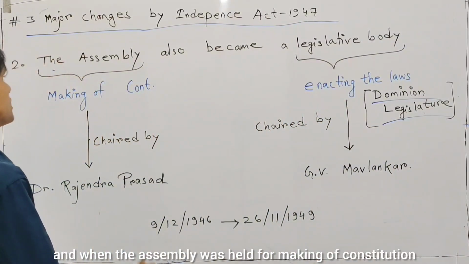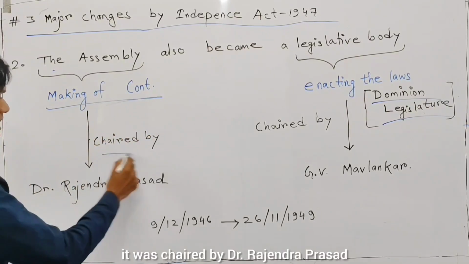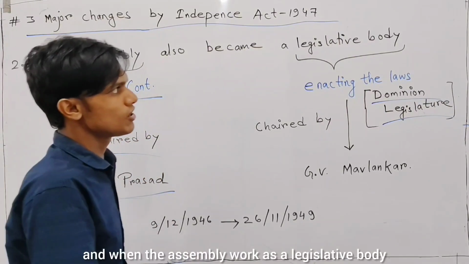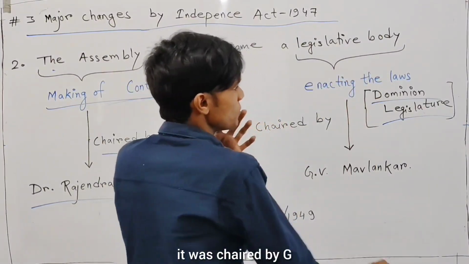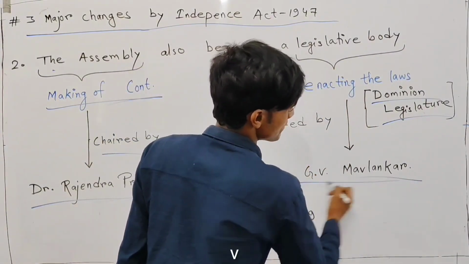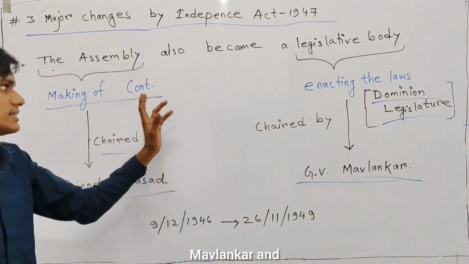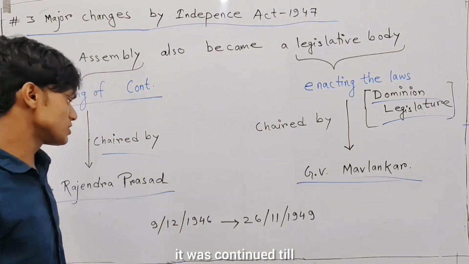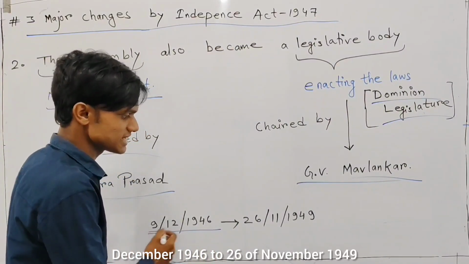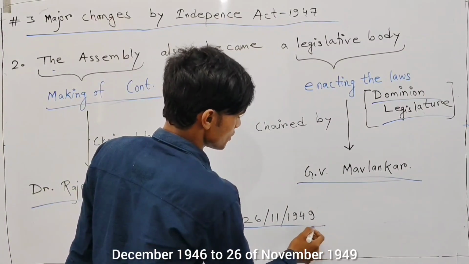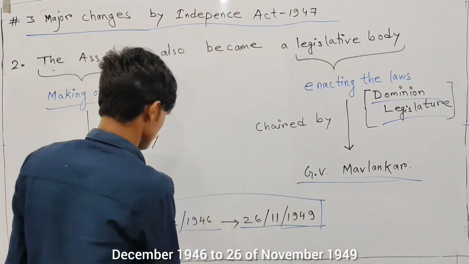When the Assembly met for making the constitution, it was chaired by Dr. Rajendra Prasad, and when it worked as a legislative body, it was chaired by G.V. Mavlankar, and this continued from December 1946 to 26th November 1949.